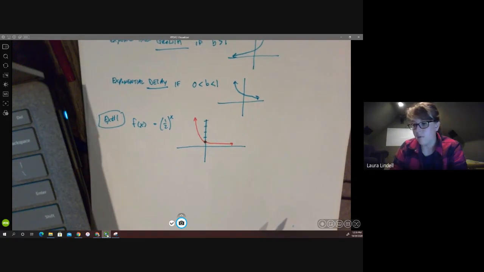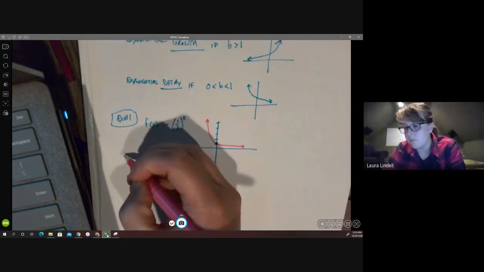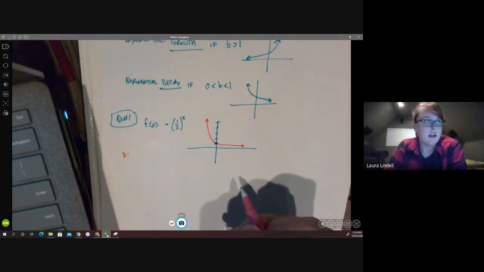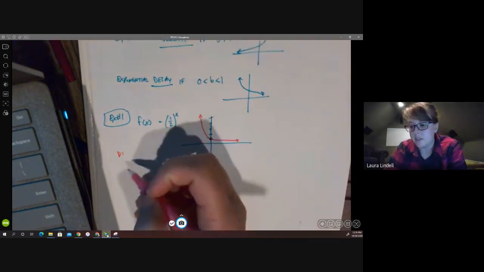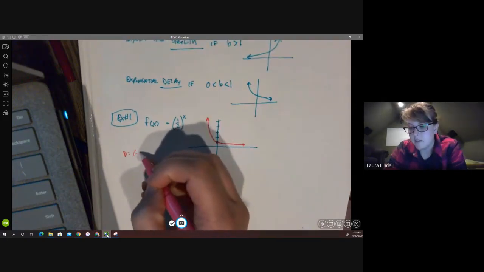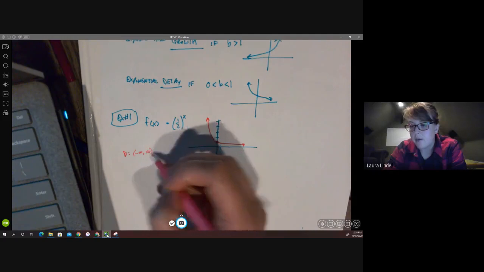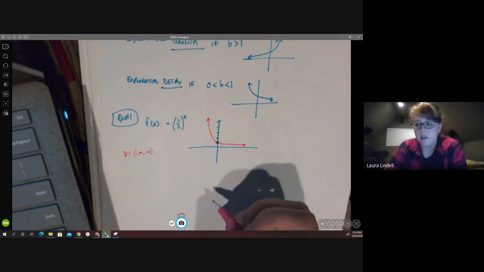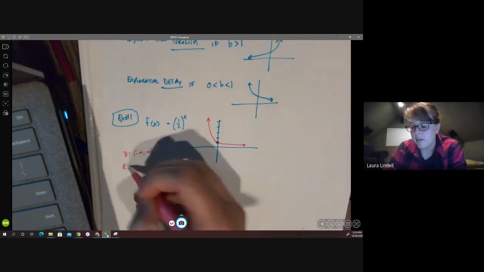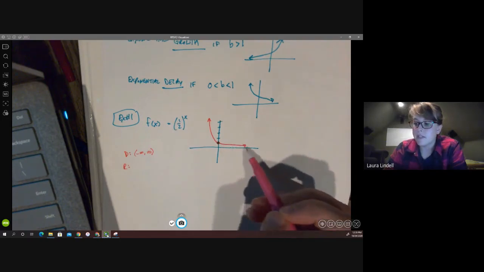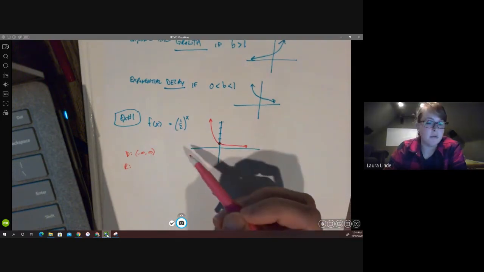And then we'd be asked for things like the domain. For exponential functions like this, our domain is just the standard domain, negative to positive infinity. The range, however, is restricted because this thing is never going to be less than or equal to 0.